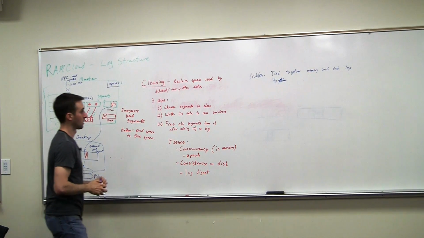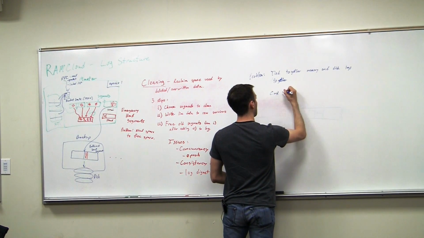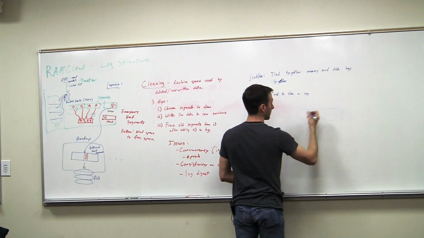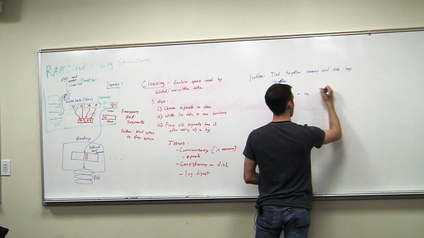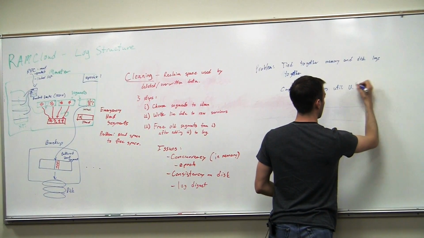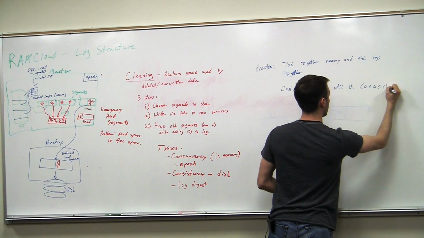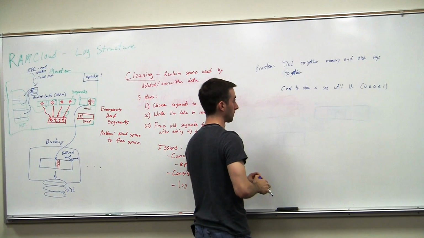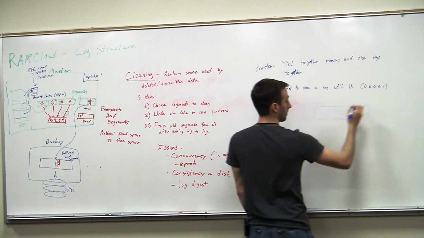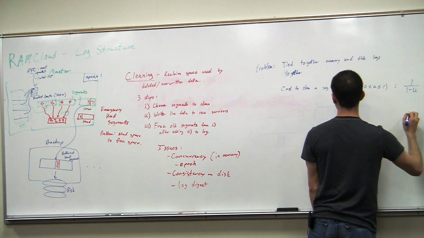So basically, the cost to clean a segment with utilization U, where U is between 0 and 1, meaning that U is the percentage of live data, is I think basically 1 over 1 minus U.